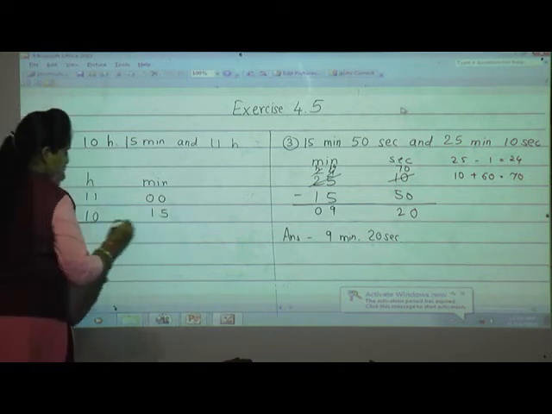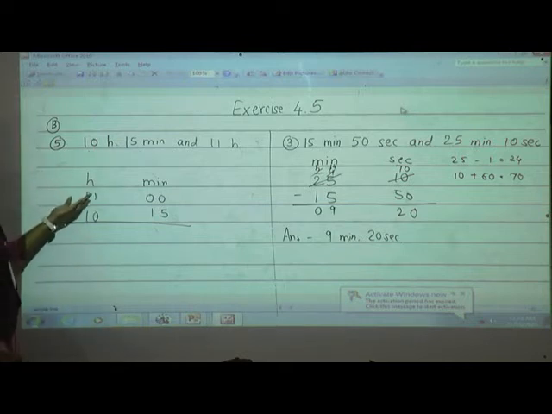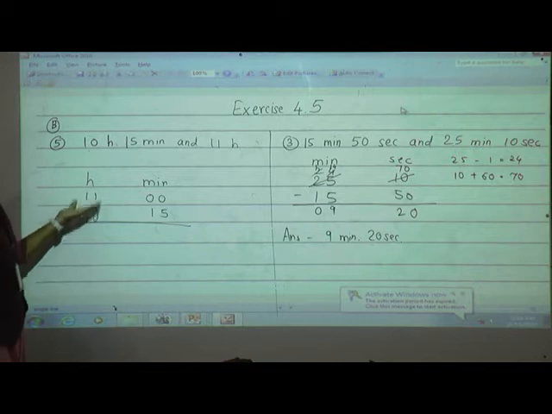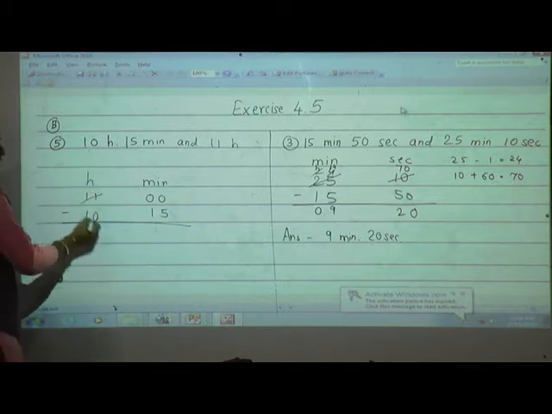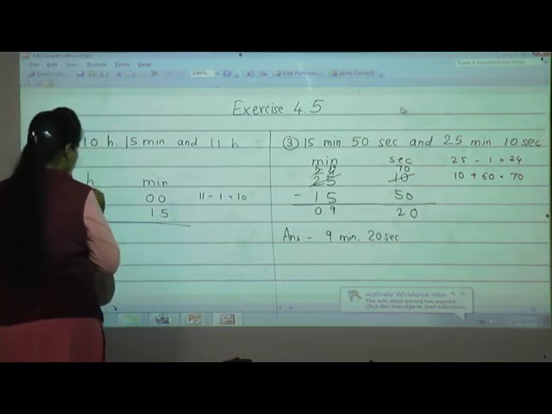Now do the subtraction. Now see students here, 0 minus 15 we can't do. So what do we have to take? We have to take 1 hour borrow from hours to give to the minutes. So here we have 11 hours, isn't it? 11 minus 1 hour means 10.